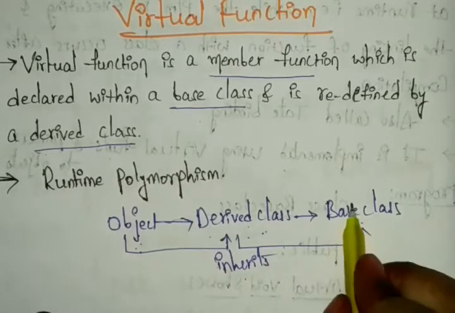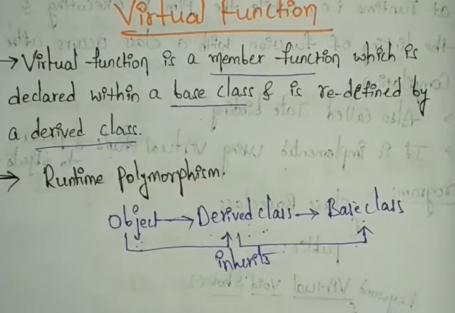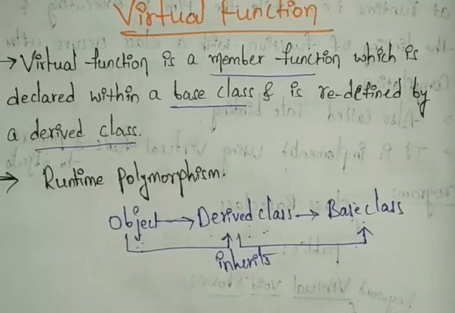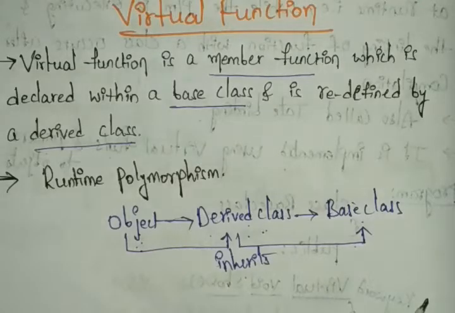So you are redefining the functions by using the virtual keyword. These virtual functions cannot be static. The virtual function can also be used in friend functions. And virtual functions can be accessed by using a pointer or a reference to the base class type.